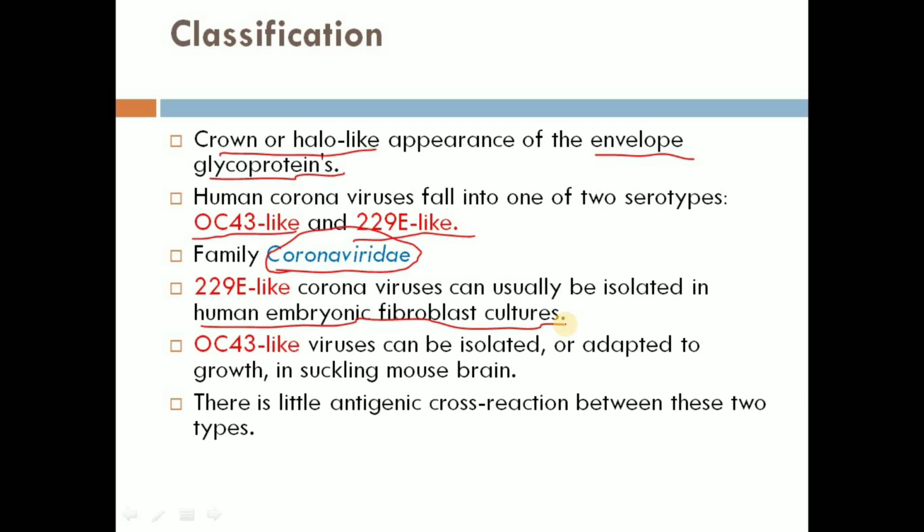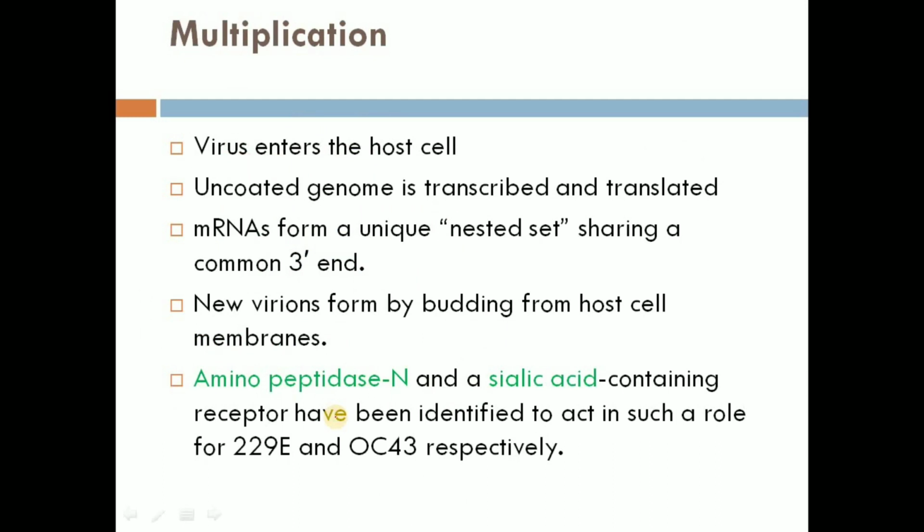Human embryonic fibroblast cultures are used to isolate 229E-like virus, and OC43-like virus can be isolated or adapted using suckling mouse brain. Remember these two characteristics. Also, there is a little antigenic cross reaction between these two serotypes. Coming to multiplication, how does it multiply?